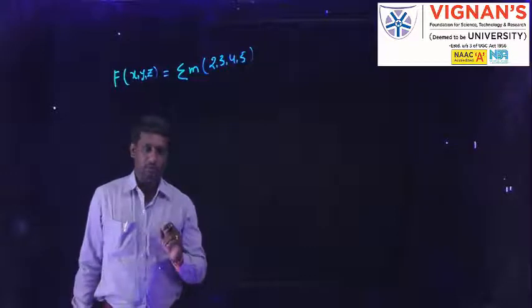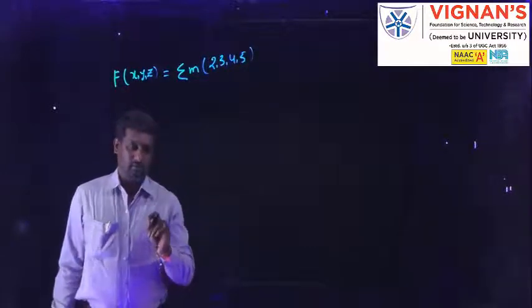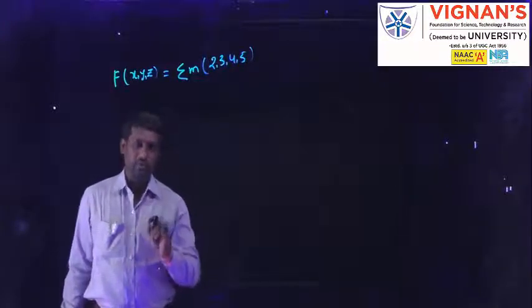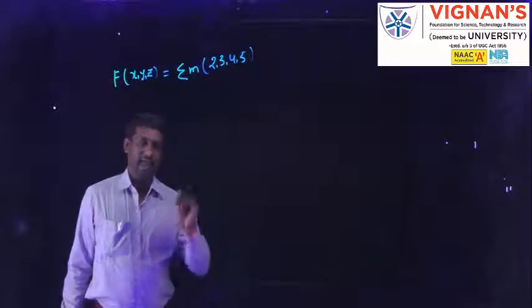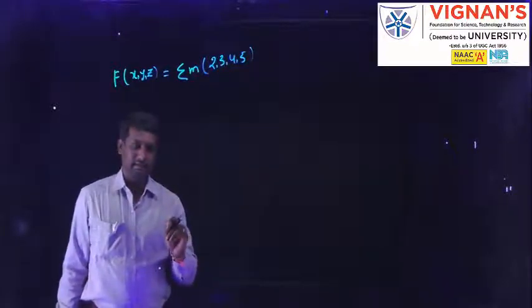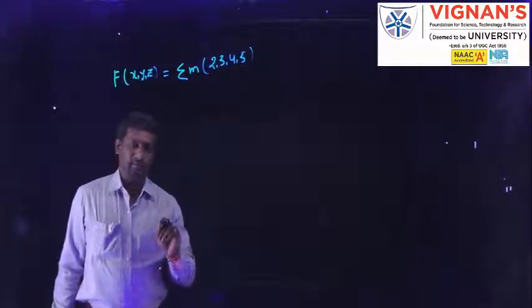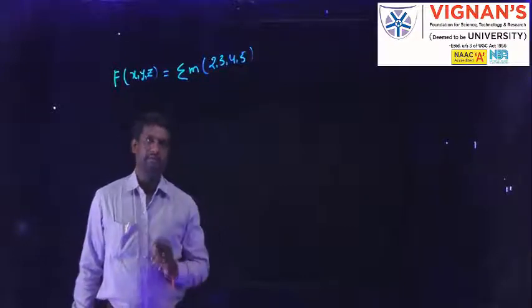Already we have seen it is a 3 variable Boolean function, so it consists of 2 cube number of cells in a 3 variable K-map. That means 8 cells are present in a K-map. Those 8 cells are represented in rows and columns format.